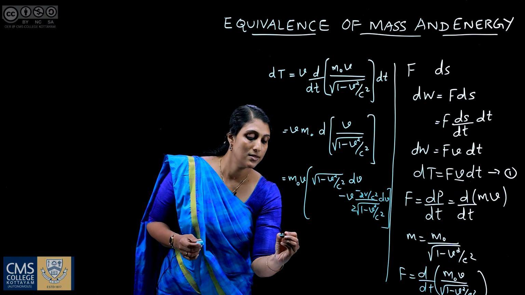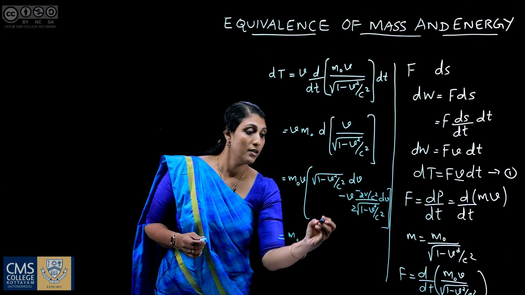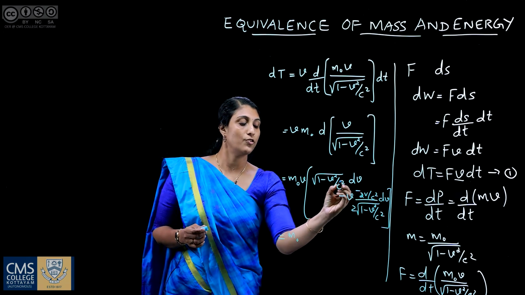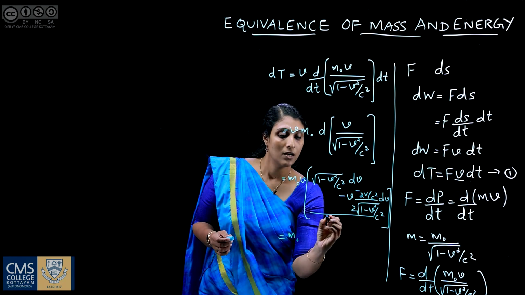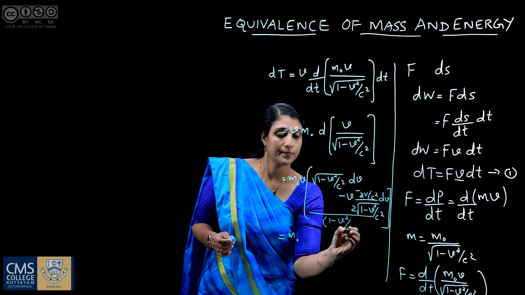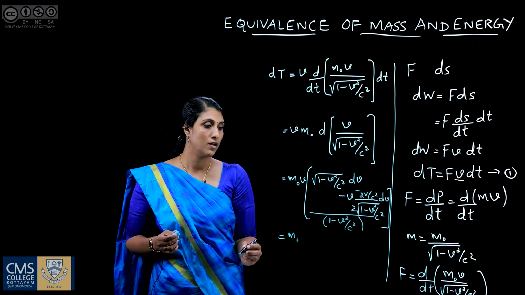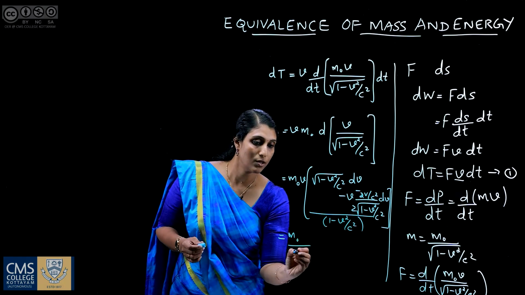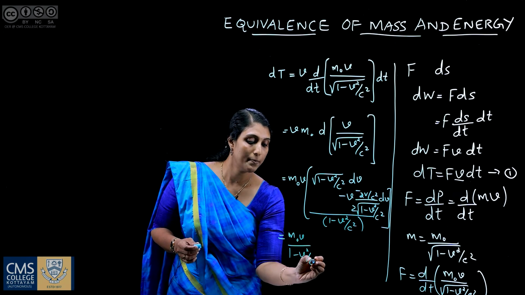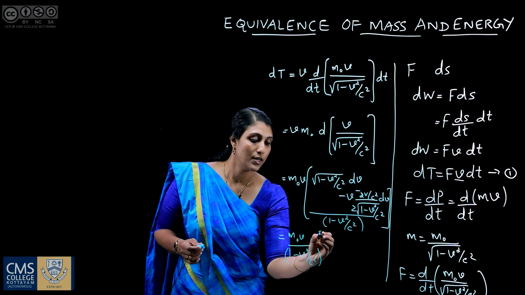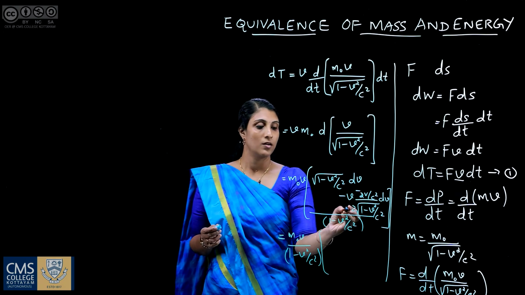On taking LCM, we get denominator into derivative of numerator minus numerator into derivative of denominator, by denominator square.